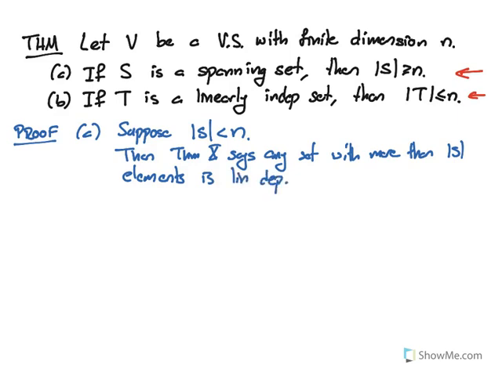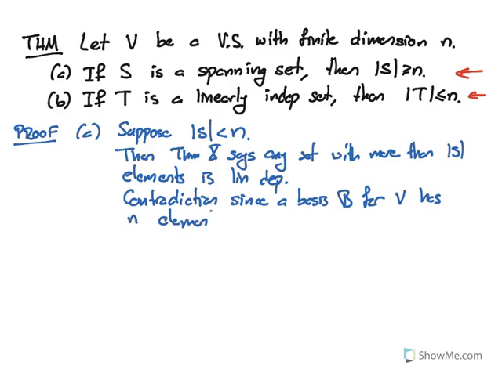And this is a contradiction, since a basis B for V has n elements and is linearly independent.